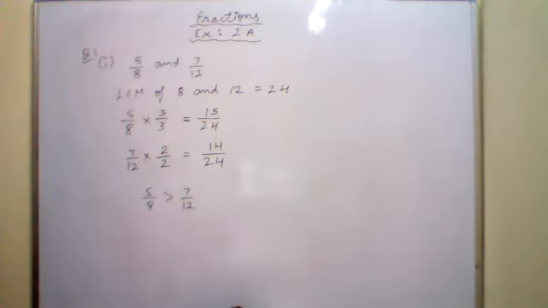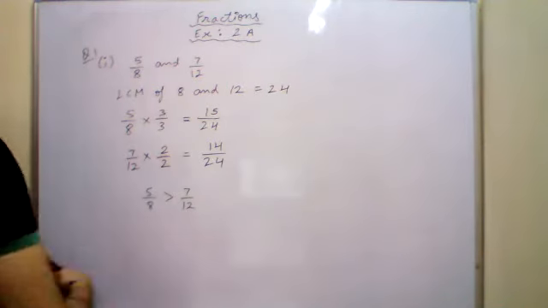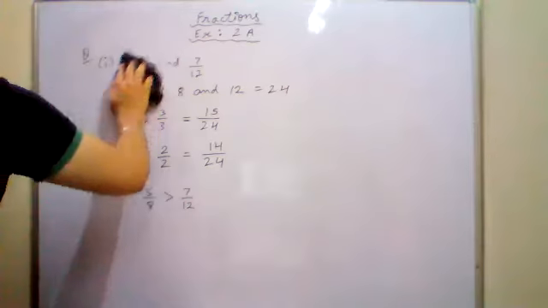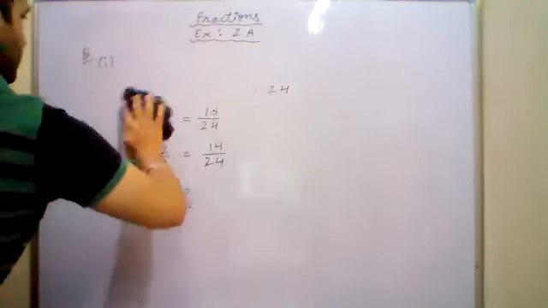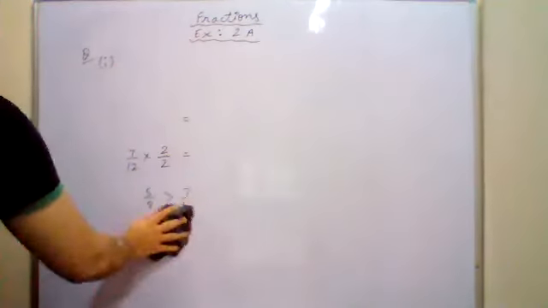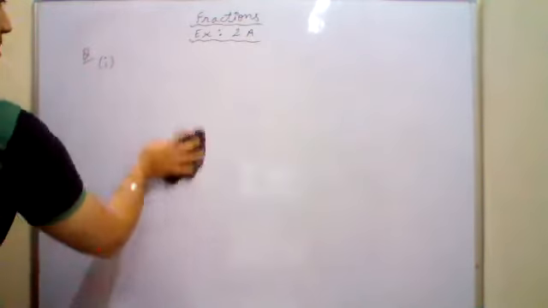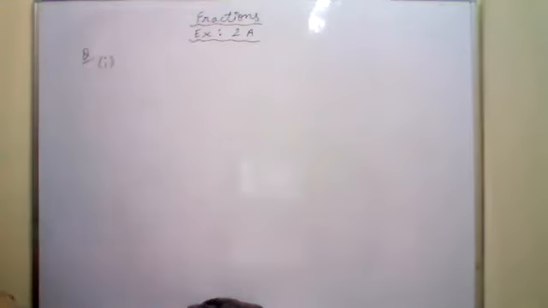Right hand side, 5 upon 9 is smaller than 11 upon 15. ठीक है? Question 2, second part.